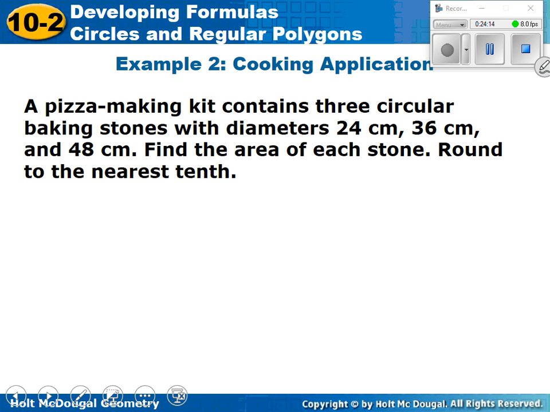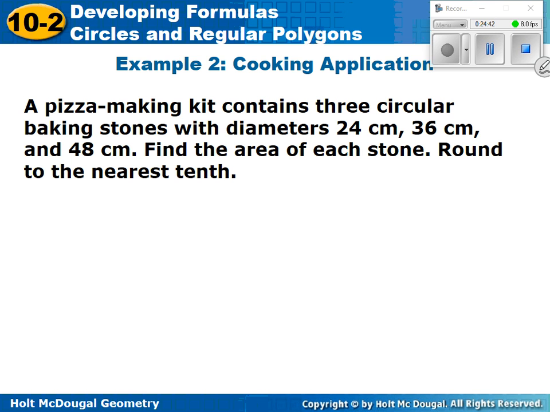I'm not really going to work through this example. Let's just talk about it real quick, and then you should be able to do it easily. Read it for just a minute. Okay, what does it want you to find?